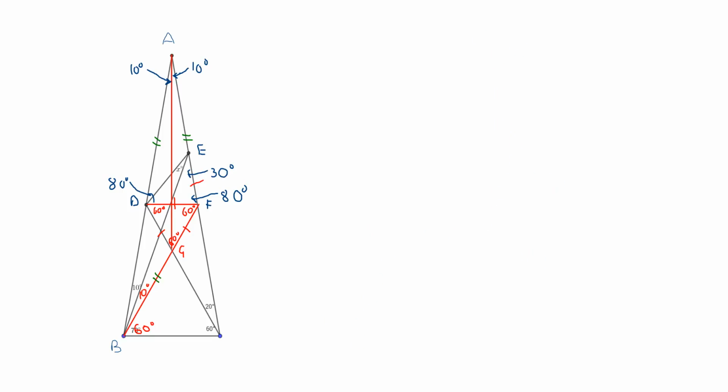So the final triangle we're going to examine is triangle DFE. And I'm going to draw a bigger one of these. Here it is. D, F, and E. Not to scale.